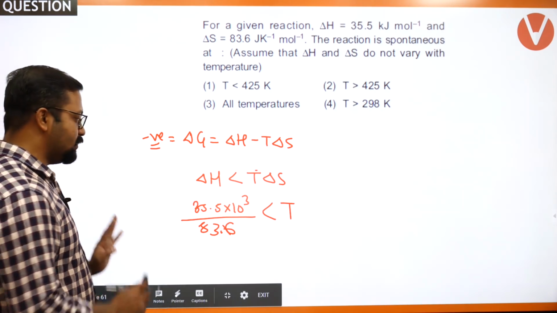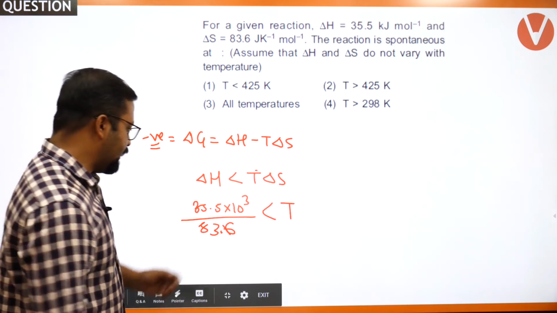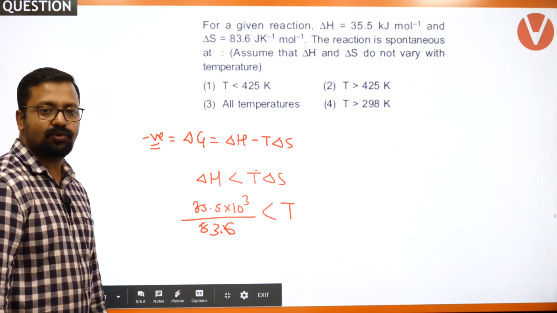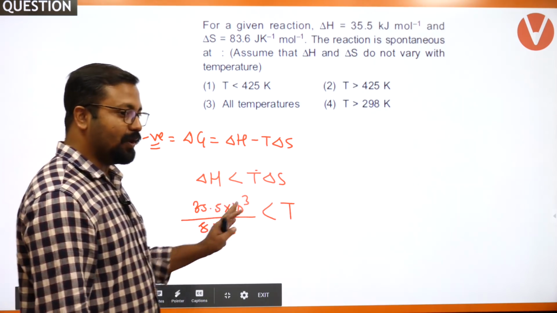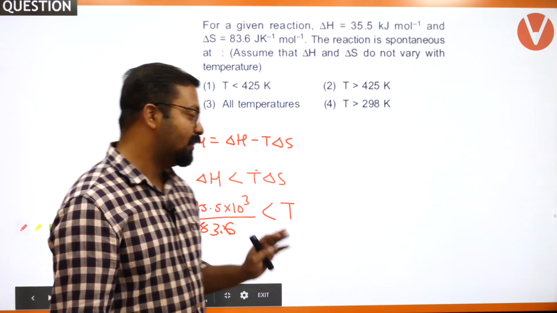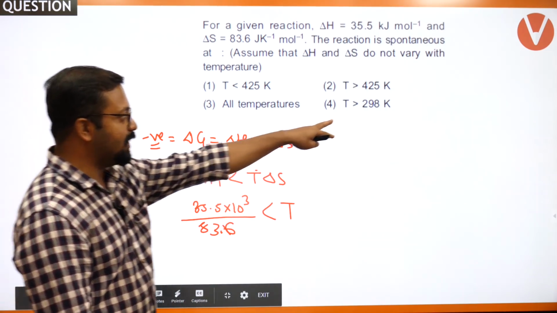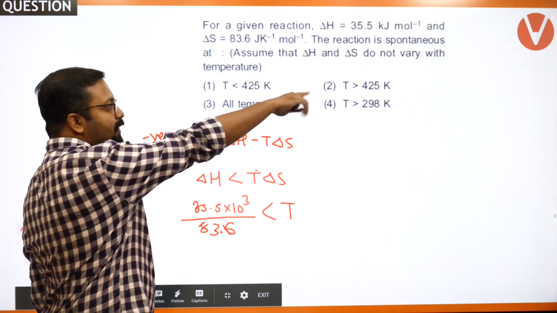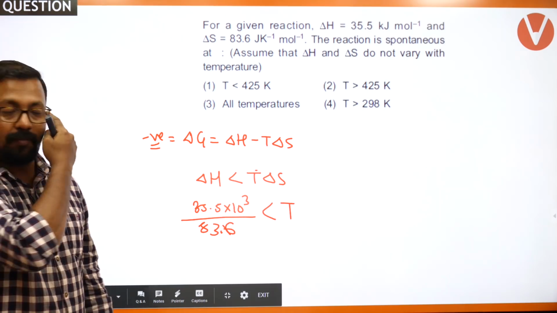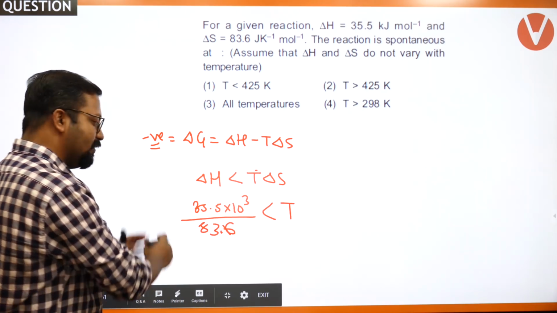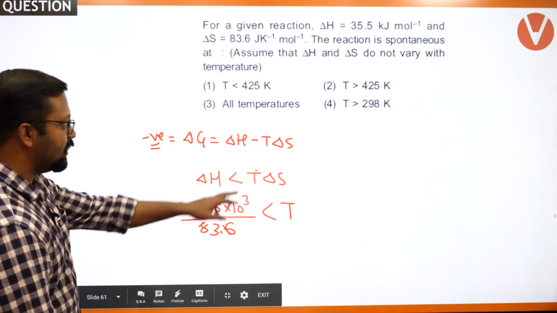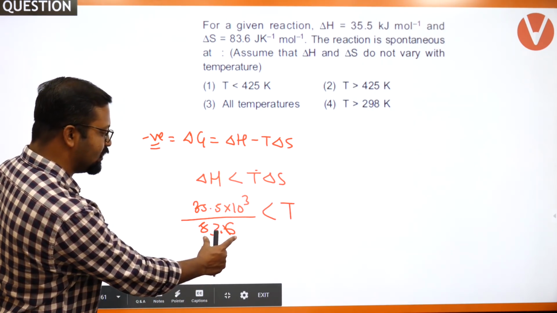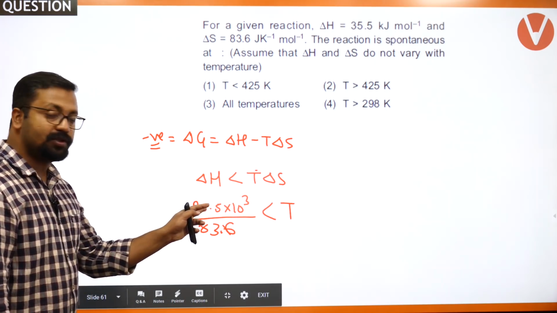Let's do an approximation. If this becomes 90 and this becomes 30, then this is 1/3 and 10 raised to 3, so this will be almost 333. If it is 333, this temperature cannot be 298. It obviously has to be 425. My point is, even if I solve this with an approximation, to get 298 I would have had to assume this as 90 and this as 30.